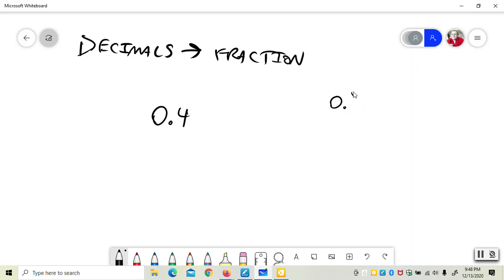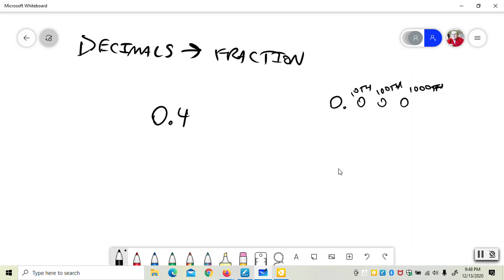You have your tenths and your hundredths and your thousandths. I'm just using zeros to indicate, and so forth.